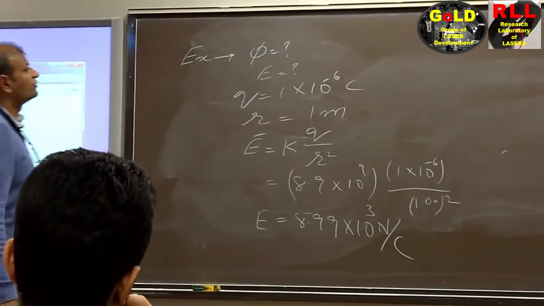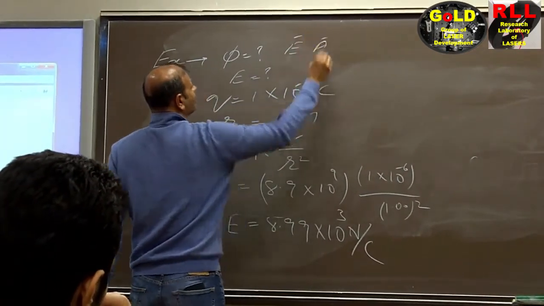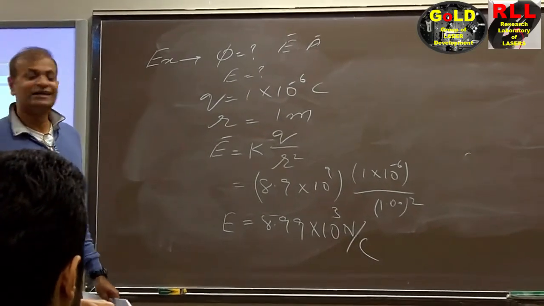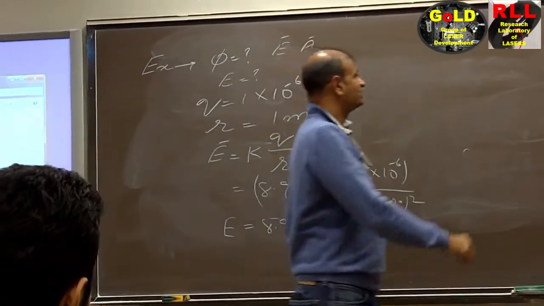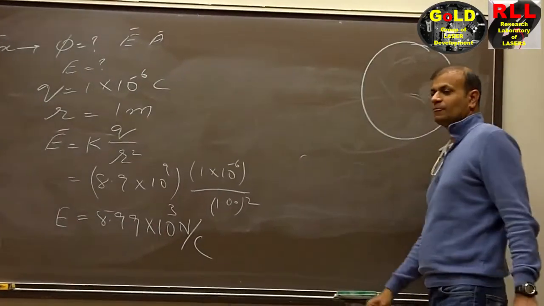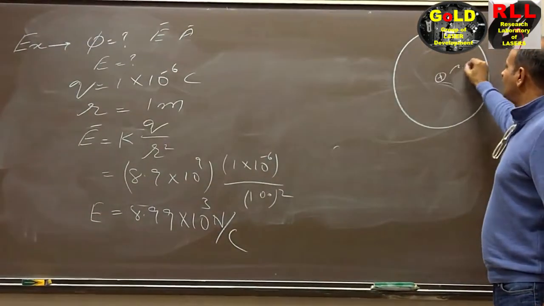But to find out the flux, you need EA. Okay, so R value is given. This is a question about the sphere, something like this. Charge is given, what is charge inside, and R is also given.